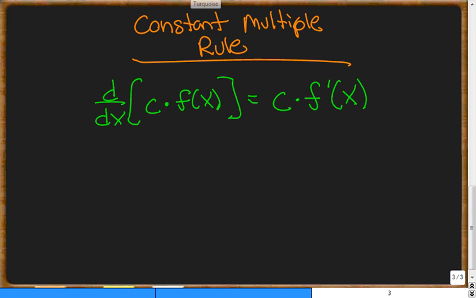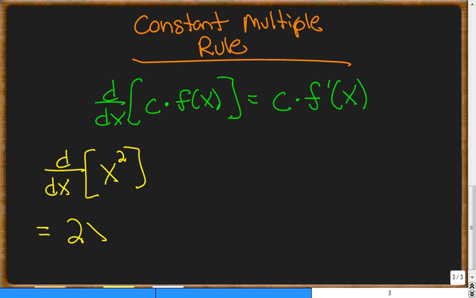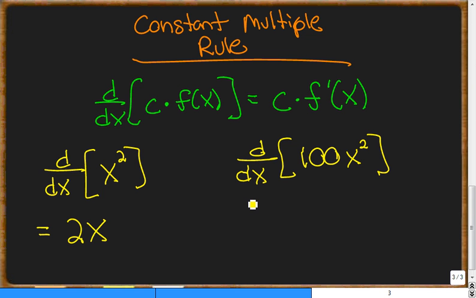Any number that you have is going to work out. So, for example, the derivative of x squared, we said from the previous slide, was 2x. Well, the derivative of 100x squared is just going to be 100 times 2x, which is 200x.